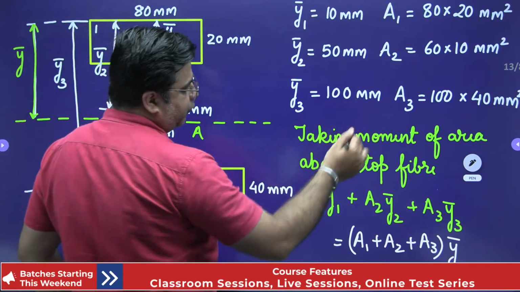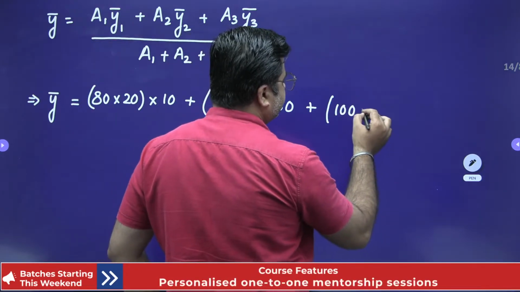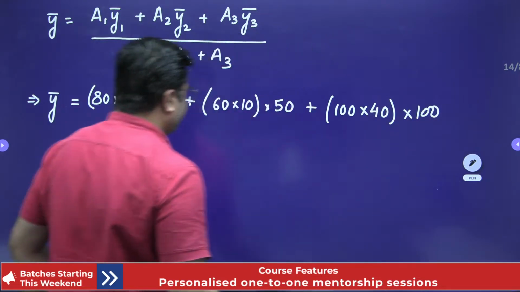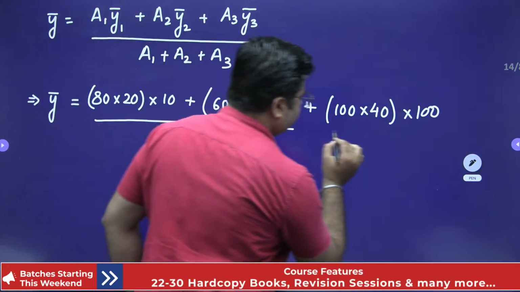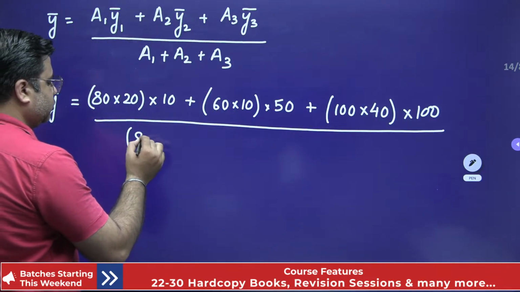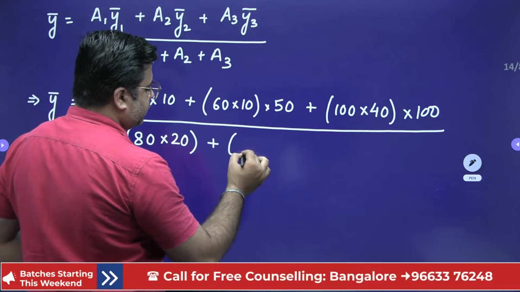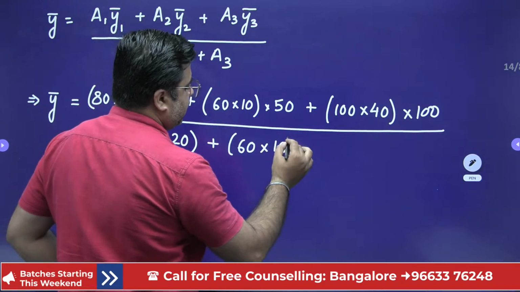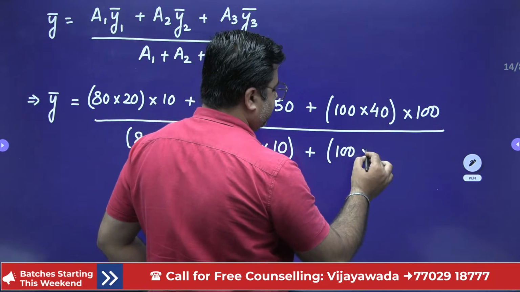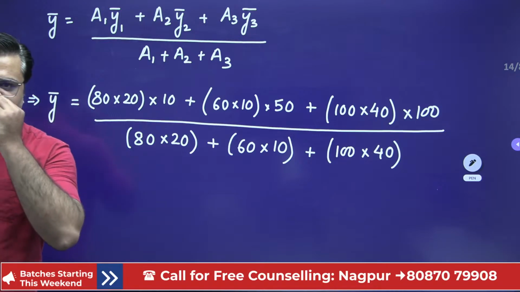A3 is 100 into 40 and Y3 is 100. So 100 into 40 multiplied by 100, divided by A1 plus A2 plus A3, where A1 is 80 into 20, A2 is 60 into 10 and A3 is 100 into 40. Just do the calculation and get me the value of Y bar.